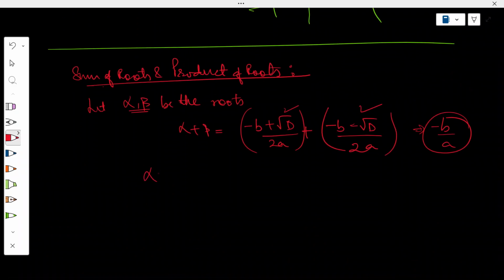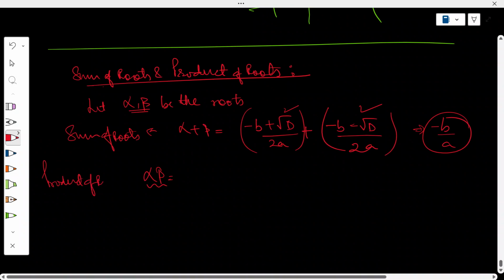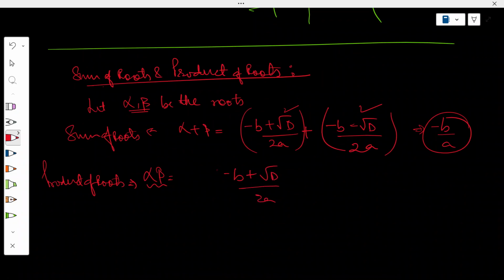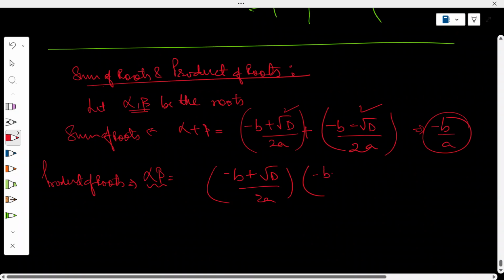And similarly, this is the sum of roots, and for the product of roots, which is alpha beta, if we multiply these two roots, it would be like this.